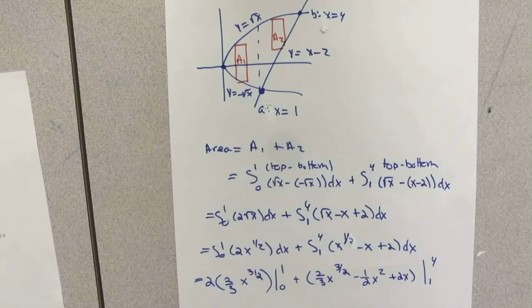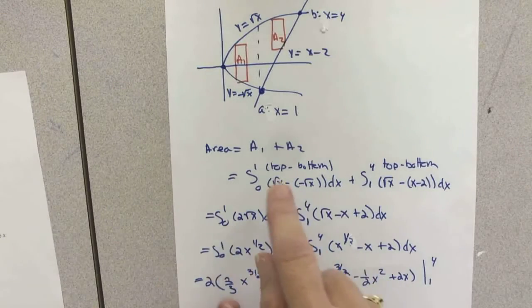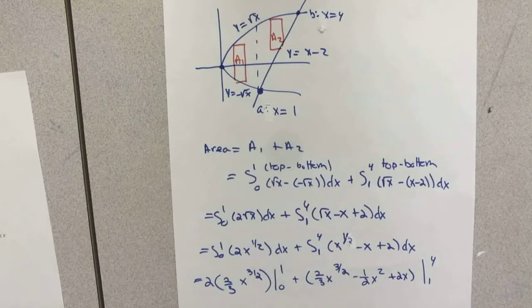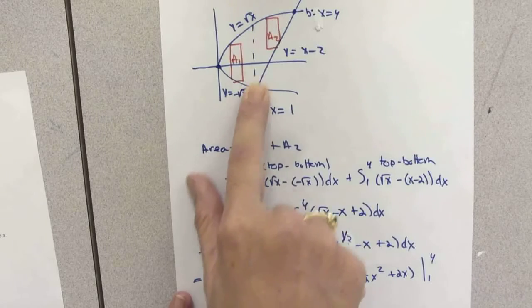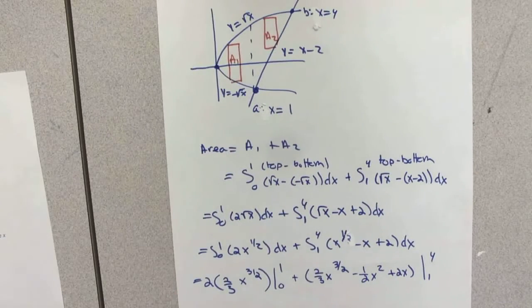Just for the concept of area, we could have filled it up with horizontal rectangles and still got the area. Filling it with vertical or horizontal rectangles is not going to make a difference on area.